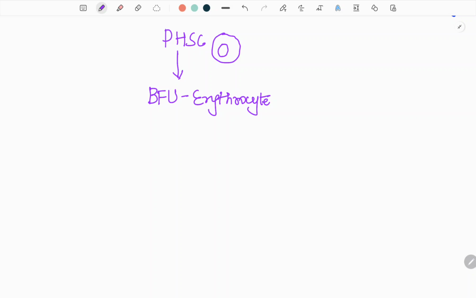So pluripotent hematopoietic stem cell divides into BFU erythrocyte.